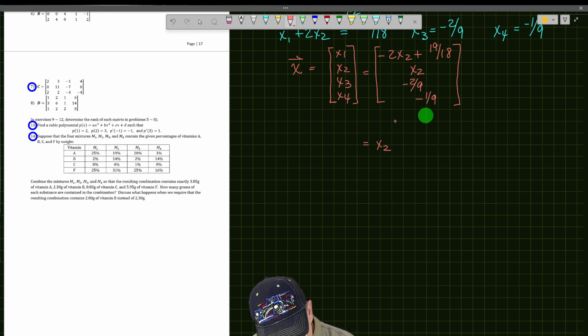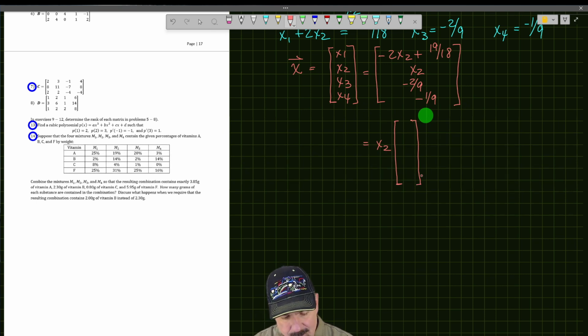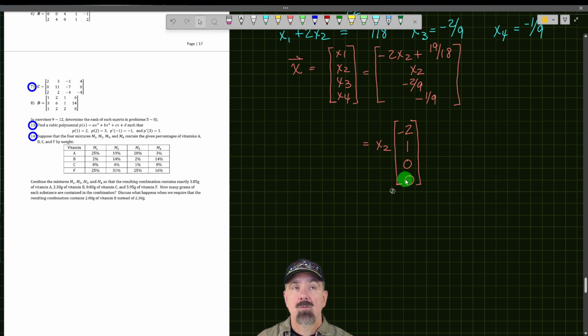So we want x2, and now for each entry, what does x2 multiply? Well, it multiplies -2, it multiplies 1, and then the last two equations didn't have an x2 in them. So those are 0. So this is the vector that's being multiplied times our unknown.